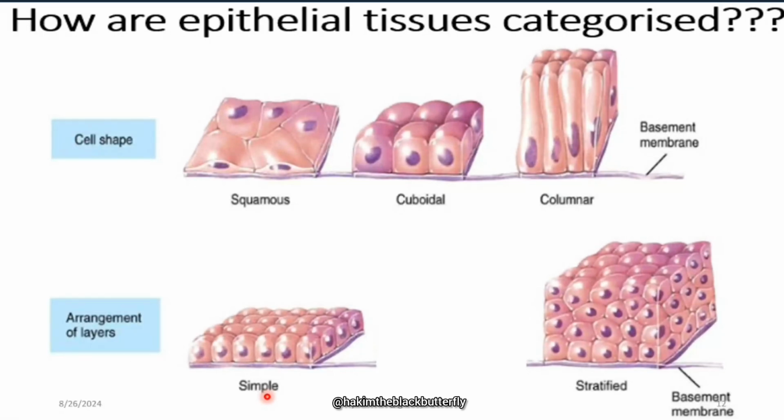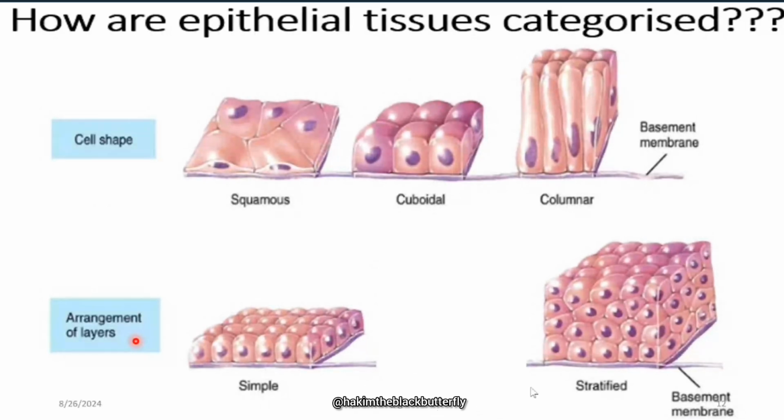Then we can categorize epithelial tissues based on the arrangement of layers, or you can say based on the number of cell layers. If the layer is one, that tissue is called simple epithelial tissue. We categorize these tissues based on the number of cell layers, and based on that, we can categorize these tissues into two.